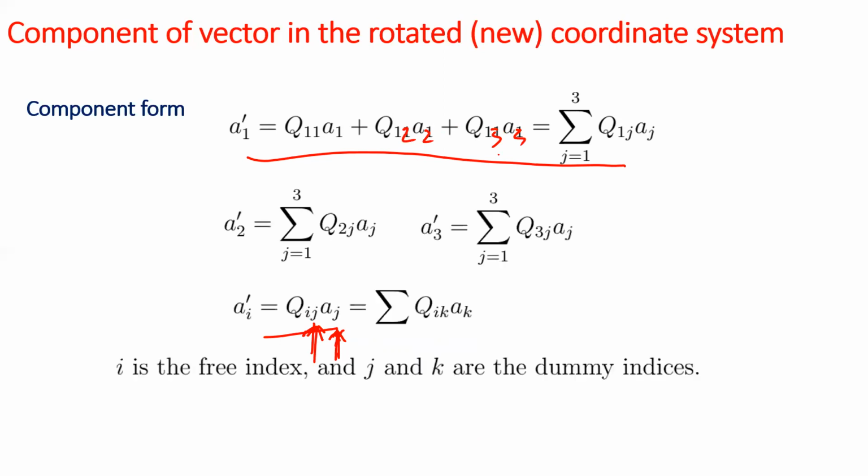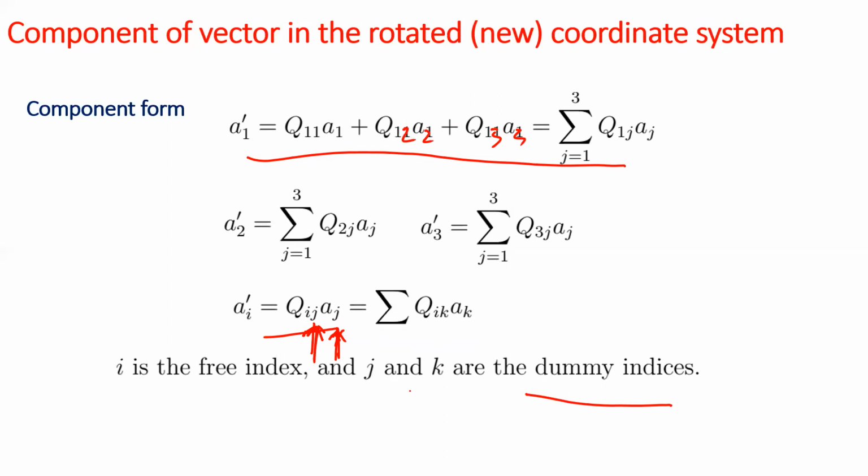So likewise, this is something which we have already discussed. Since J is the repeating index, J is called a dummy index, and you can always replace a dummy index with another index. It does not matter what name is being used for the dummy index. Why are we calling it dummy?